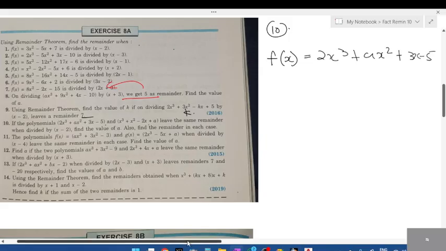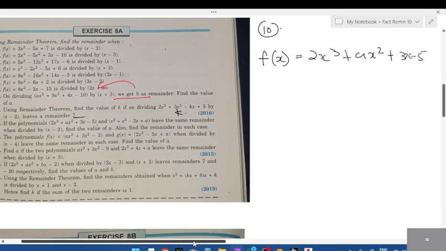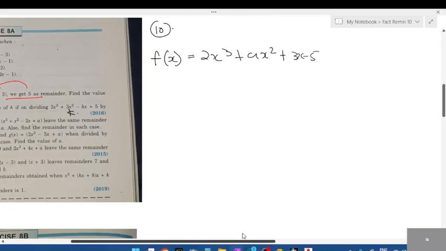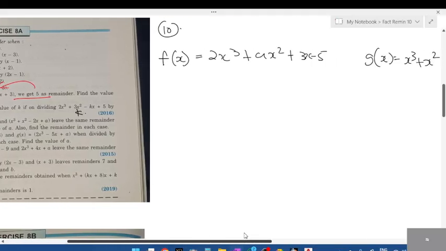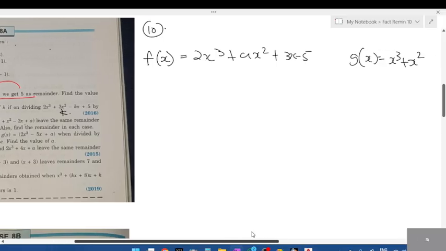Don't write anything. Look at the screen. Listen here first. Next, second equation, g of x is equal to x cube plus x square minus 2x plus a.